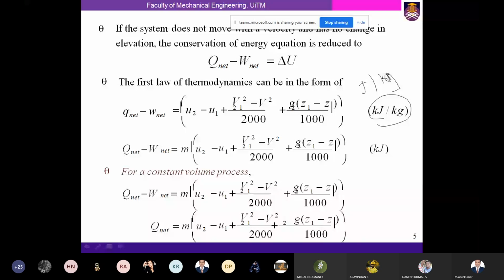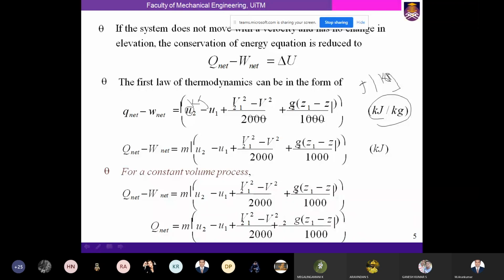Just try to understand. If you want the unit in joule per kilogram, we just have to drop these thousands, but you have to put the values of internal energy in joules. Here the internal energy values will be in kilojoules.